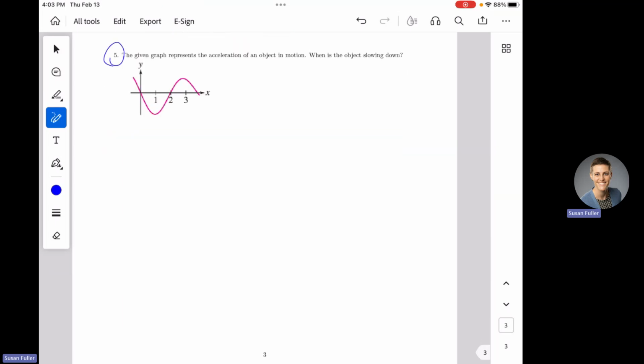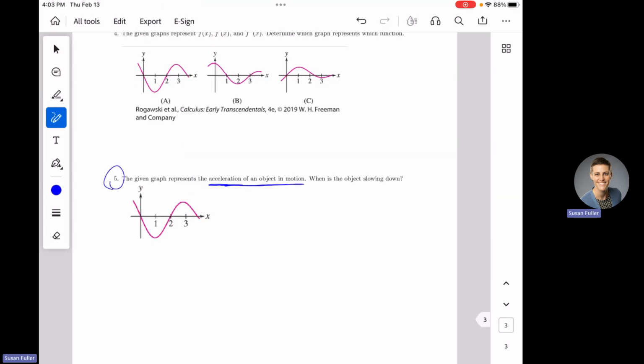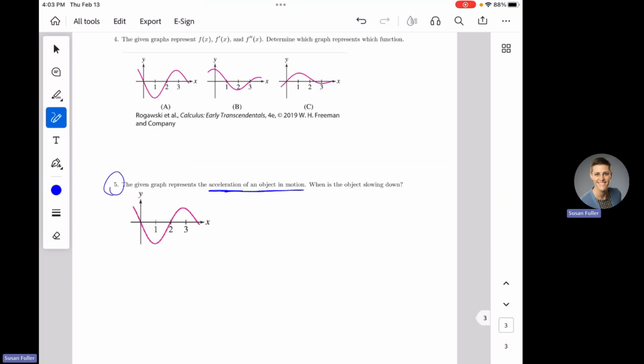It says that this graph we're given represents acceleration of an object in motion, and we want to know when the object is slowing down. Let me come back up here and put our table in.